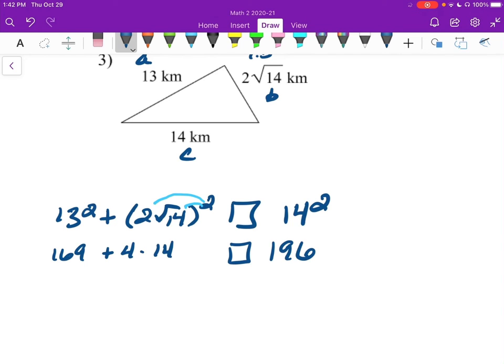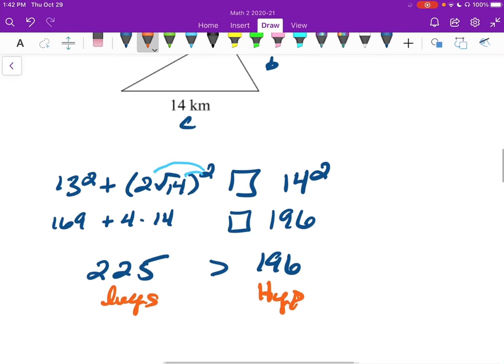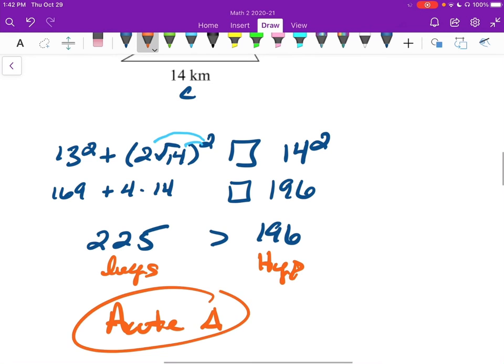So 169 plus 4 times 14 is 225, and that is greater than 196. So we think the legs are bigger than the hypotenuse, or you can think about the hypotenuse being smaller than the legs. That would mean, what would that mean? The hypotenuse is smaller, so it's an acute. It's an acute triangle.